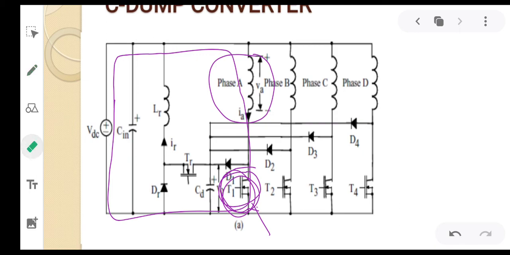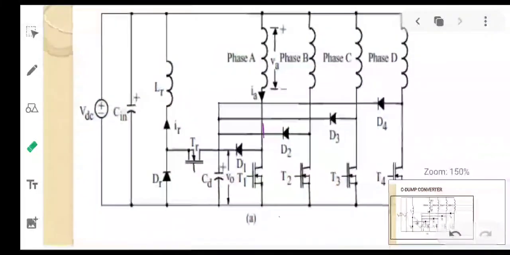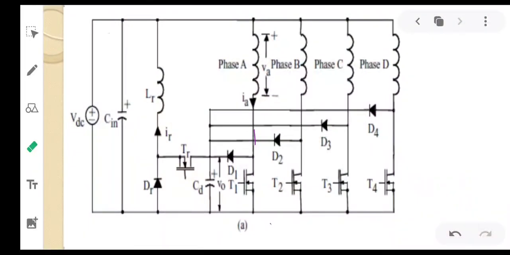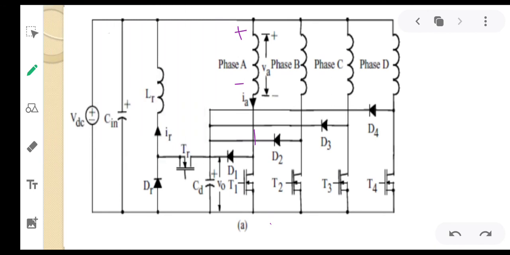So that is done with the help of this path. So when T1 is turned off, the energy stored will be discharged. Immediately, when it was charging, this was the polarity, right? So when it is discharging, this will be the polarity.